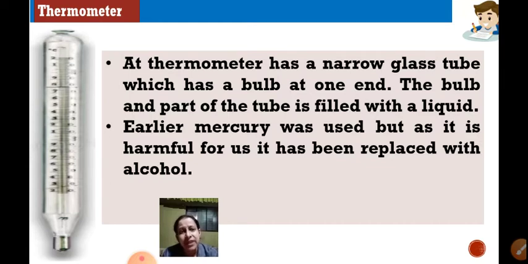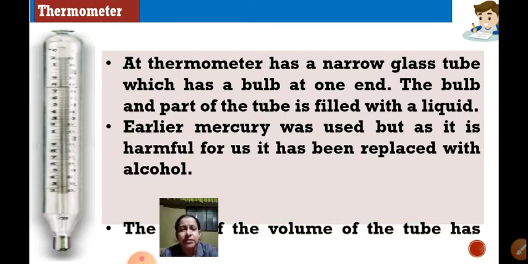And suppose anybody touches it by mistake, it is very toxic, and if someone puts his or her hand in the mouth, then it can be very lethal. Therefore, to avoid such accidents, instead of mercury, nowadays alcohol is used. Alcohol also has properties similar to those of mercury.